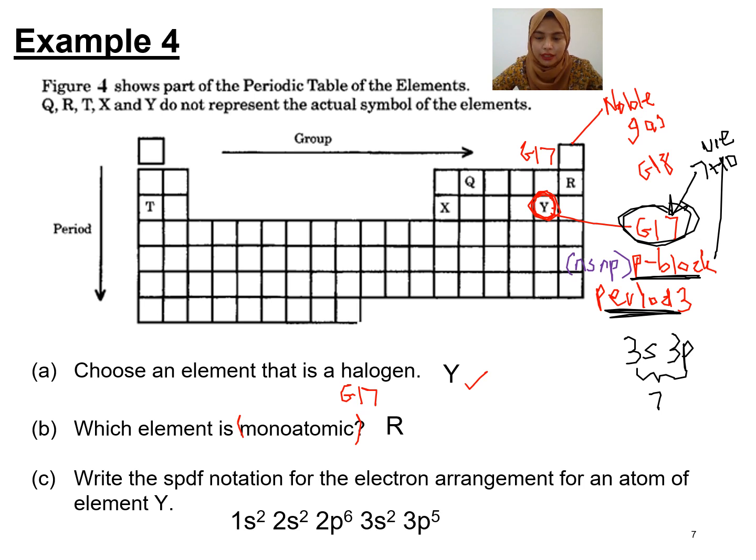Barulah 3P. So sebab ada 7 elektron, fill dulu dekat 3S. S boleh maksimum 2 elektron. So 3s2, 3p5. Okay. So the rest of it, you lengkapkan je lah. So, bila you dah tahu dia punya valence electronic configuration adalah 3s2, 3p5, so you lengkapkan the rest mengikut aufbau principle, which is 1s2, 2s2, 2p6, 3s2, 3p5. Dah lengkap kan?